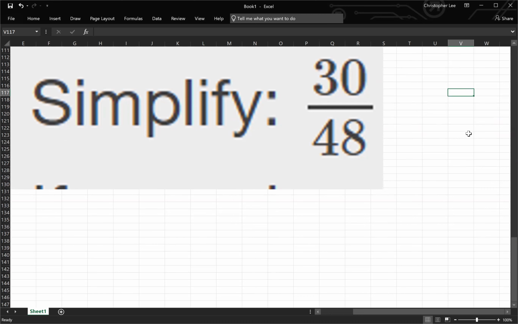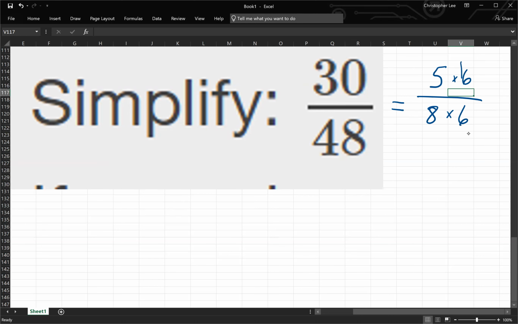So I want to simplify this, right? I'm trying to reduce it down to simple terms. So what do I do? By 6? Okay, 6 could work. All right, so what's the top gonna be? All right, so 5 times 6 over what's this? 6 and 8, right?